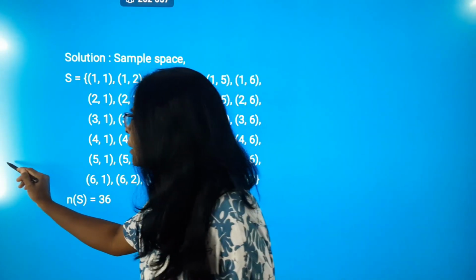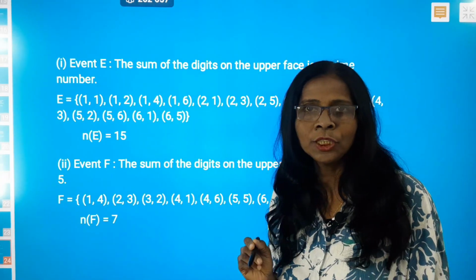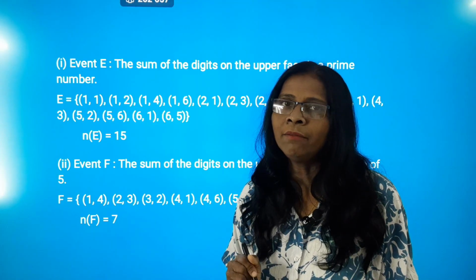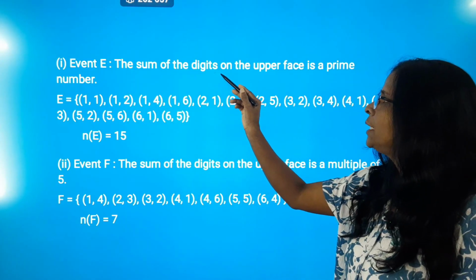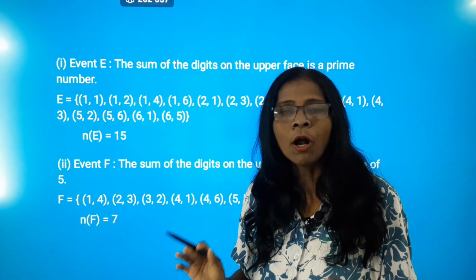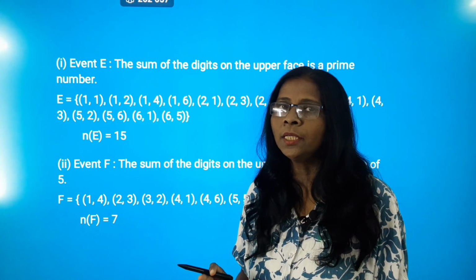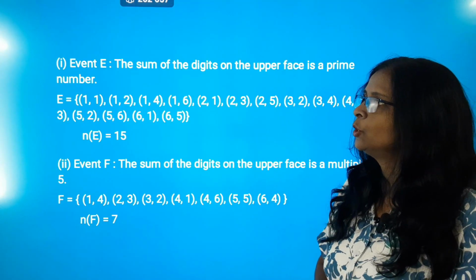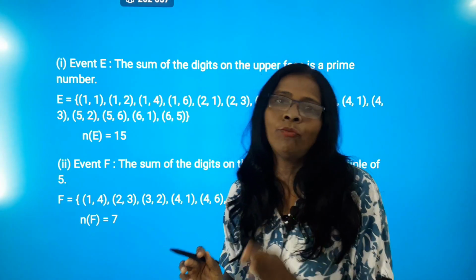Now see the conditions, students. For the first condition we name the event E. The event E: the sum of the digits on the upper face is a prime number. Now we want the sum of the digits to be a prime number.